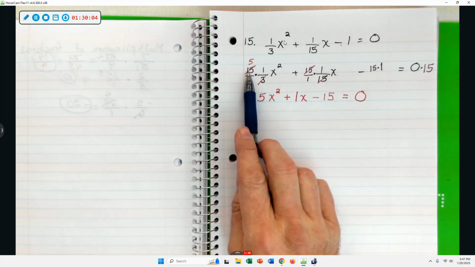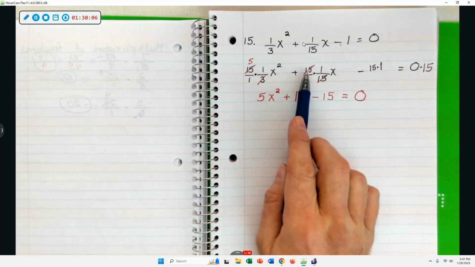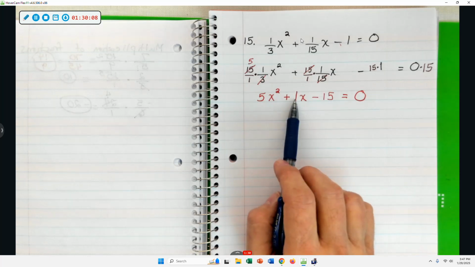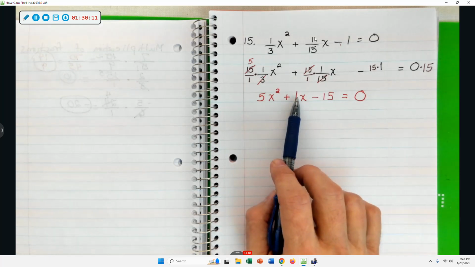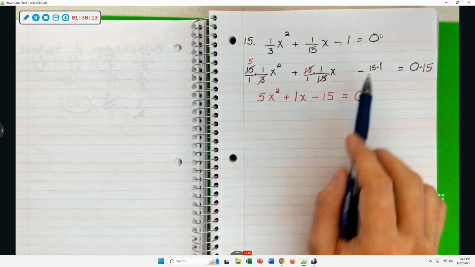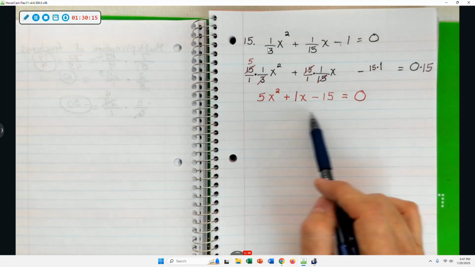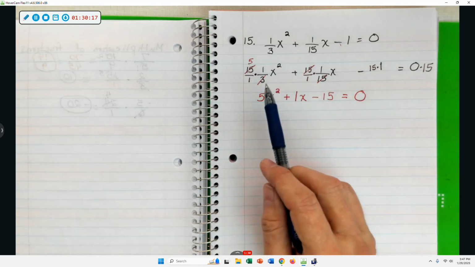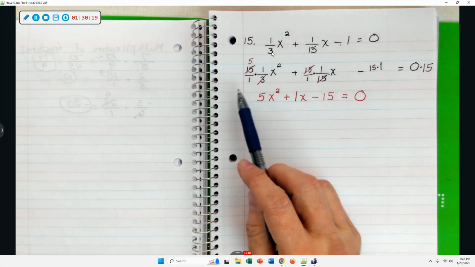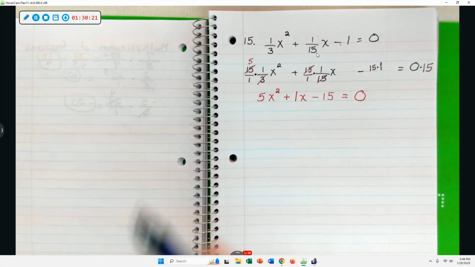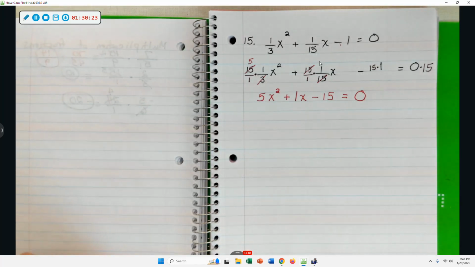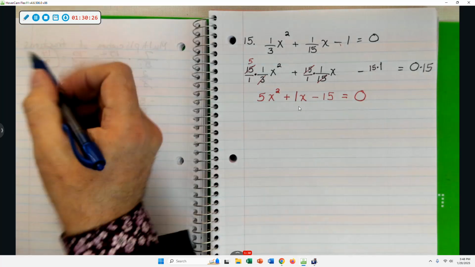You would have had a 10x squared. If you put a 30 here, 30 divided by 15, you would have had a 2. You would have had a 30 there and a 0. But, so there are other numbers. You just need a number that the denominators divide evenly into.